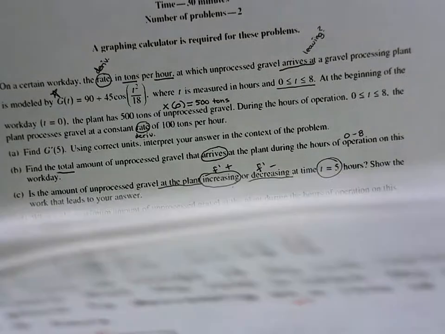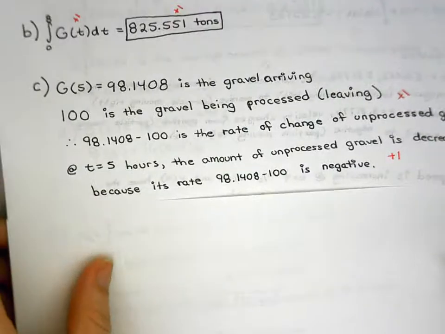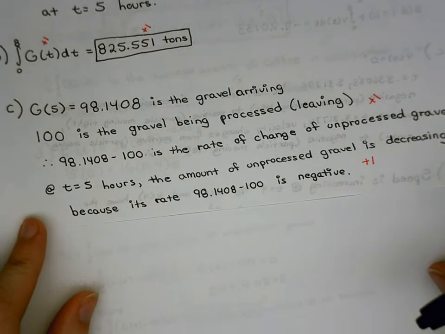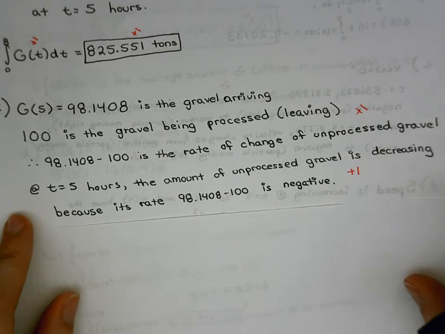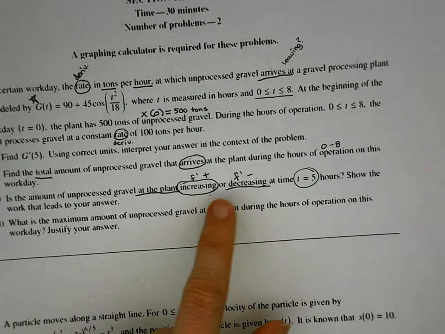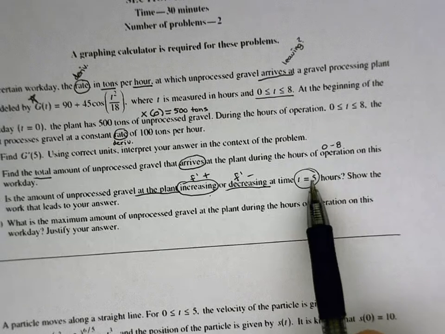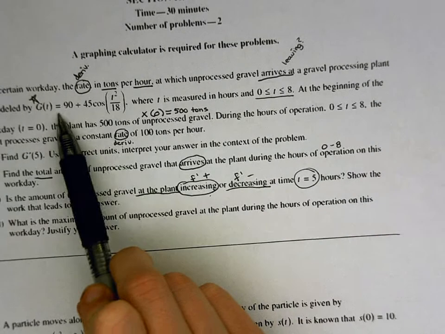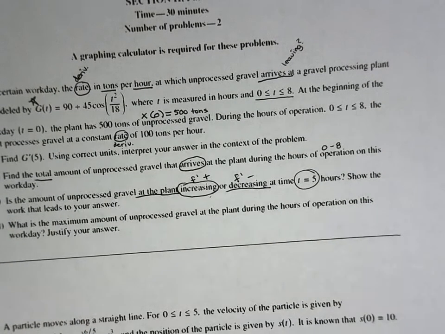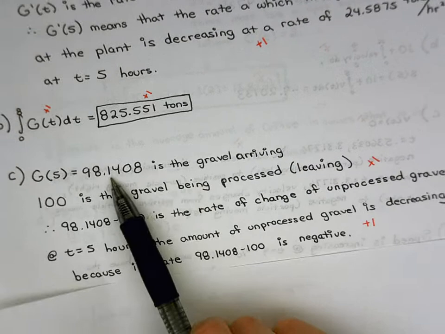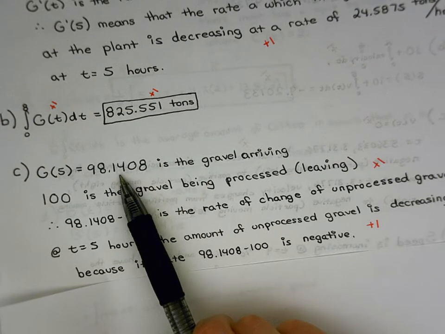I said G of 5 equals 98.1408, and I got that by simply plugging 5 into my G of t here. I get the rate that the gravel's arriving, and I find that it is 98.1408.